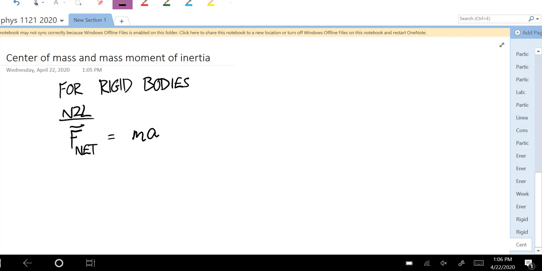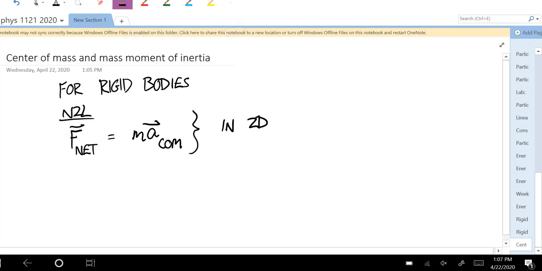You've seen in your rigid body kinematics problems that two different points on the same body can have different accelerations. So what matters here is the acceleration of the body's center of mass. Okay? And just like with particles, if you're doing this in 2D, which is all we're going to do, this gives two equations.